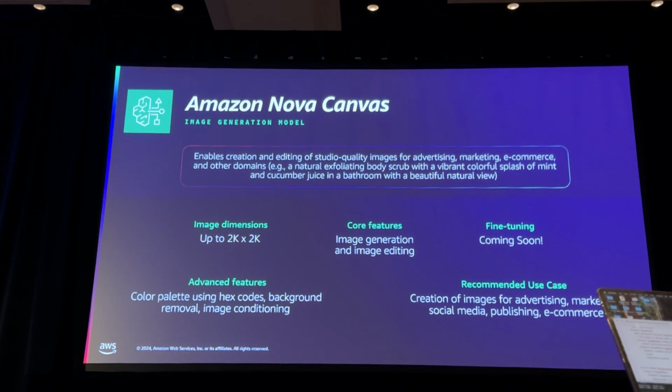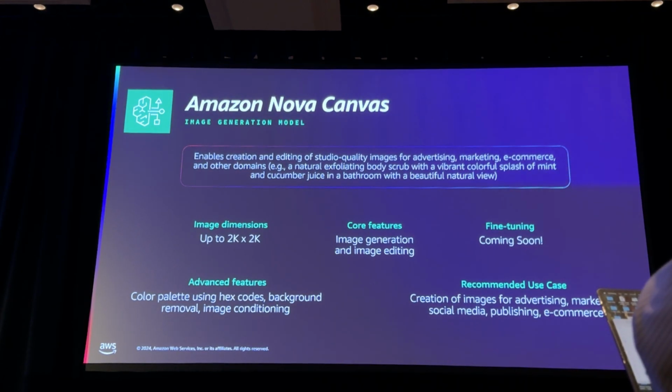As I said before, it is both for image generation and image editing. One of the key features coming very soon in Q1 is the ability to fine-tune this model using your own proprietary images. That is a key feature that we learned from Titan as well, and we are sure customers will find it very compelling to generate images in their particular style or brand aesthetics.